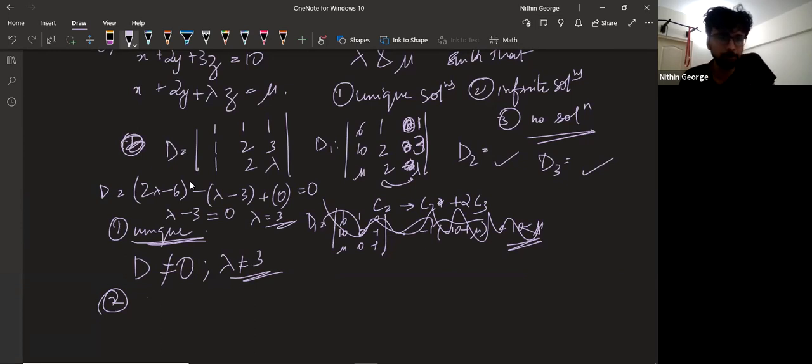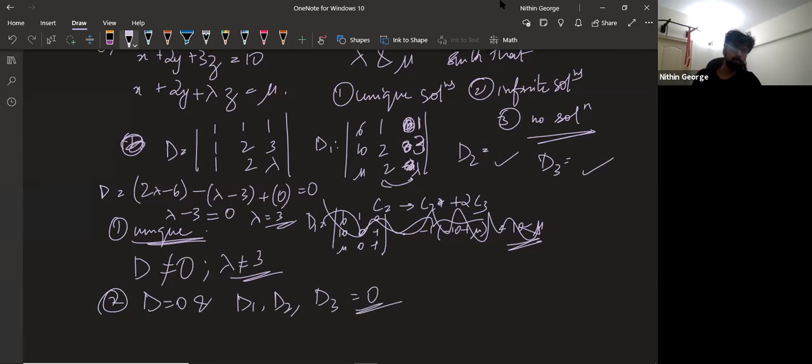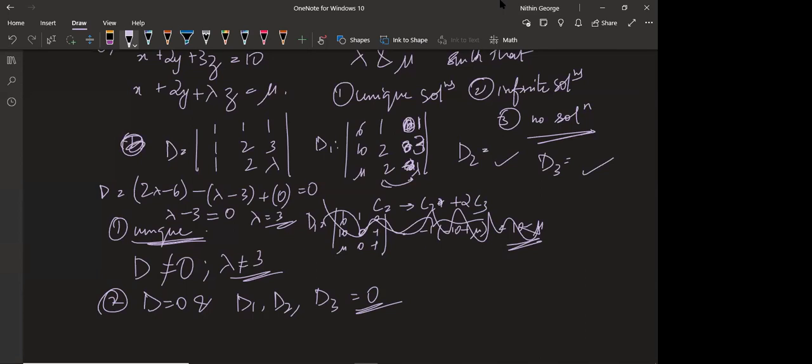For infinite solutions, what's the thing here? D is equal to 0, while at the same time, D1, D2, D3 should all be equal to 0. So make it all equal to 0. Find values of lambda and mu. Will lambda be 3 and mu equal to 10?